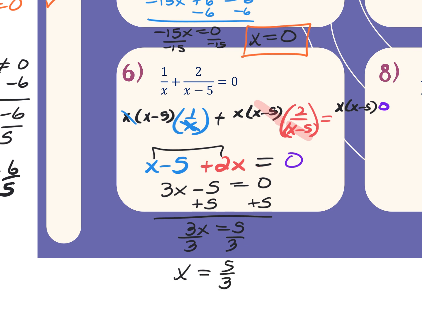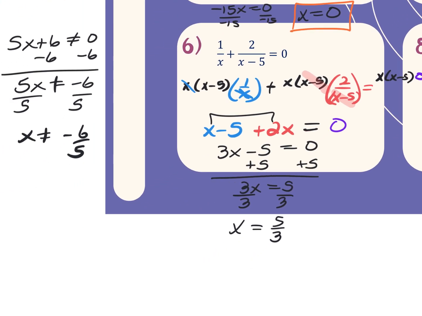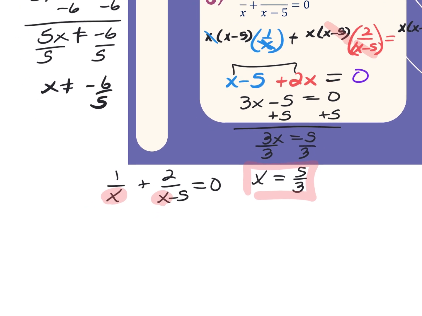So now let me check it because I had variables in both denominators. It was 1 over x plus 2 over x minus 5. So all I'm doing is plugging in this value of x in here to see if it makes any of these denominators a 0.